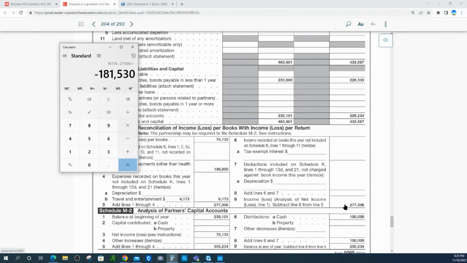I don't know what that difference is. There's probably a depreciation, maybe a depreciation difference. Interesting. 181,530. Well, part of that is the guaranteed payments. I don't know. I can't tell you.